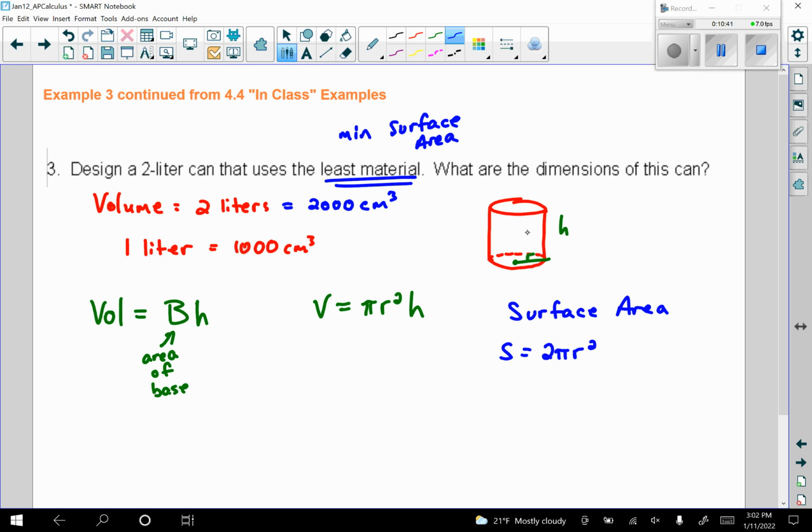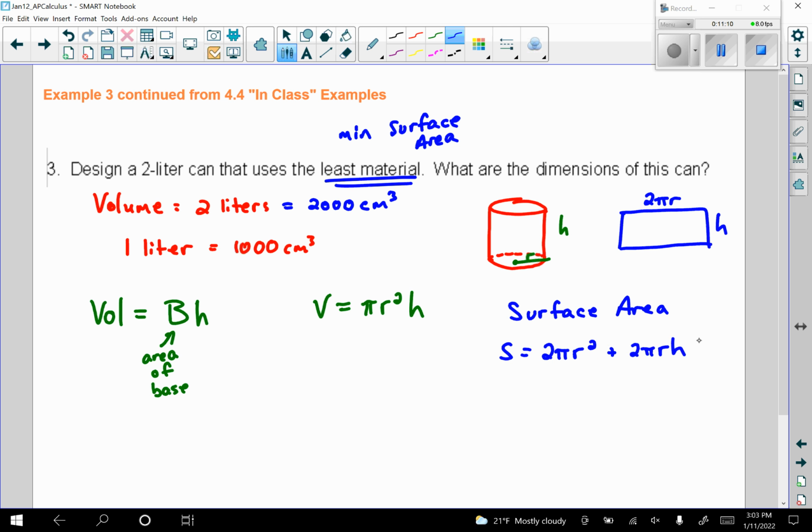And then if we were to picture cutting open a paper towel tube and laying it flat, it would turn into a rectangle. We would still have the height, but what lays flat is the circle's circumference, and circumference is 2 pi r. So we would have 2 pi r times the height. That would be covering the middle part of this can.